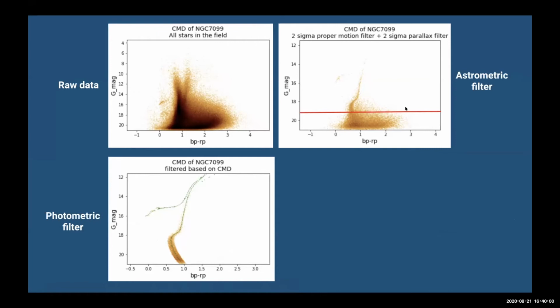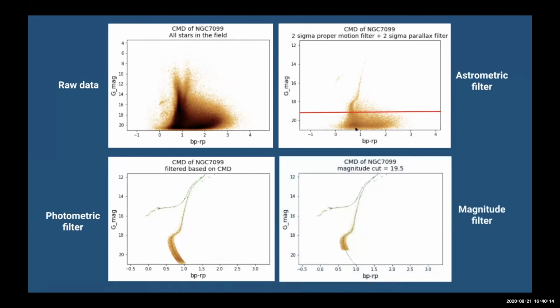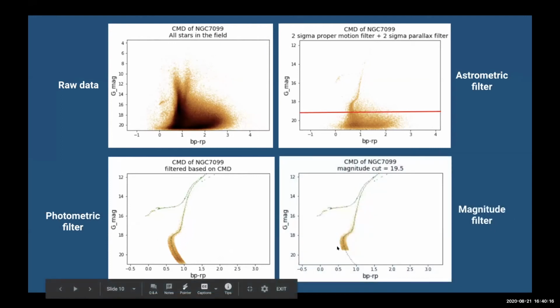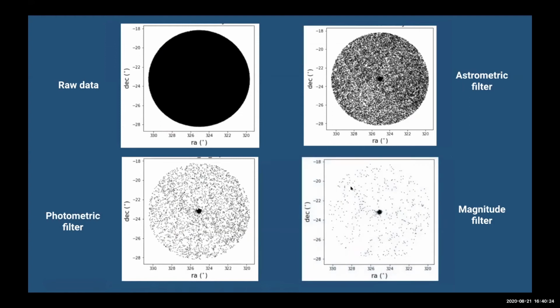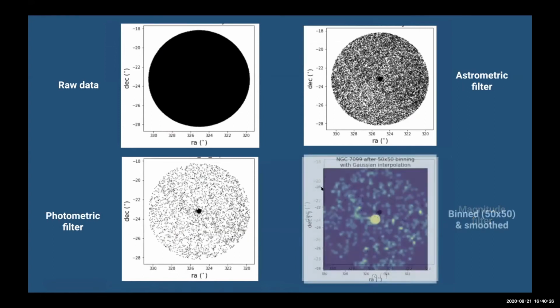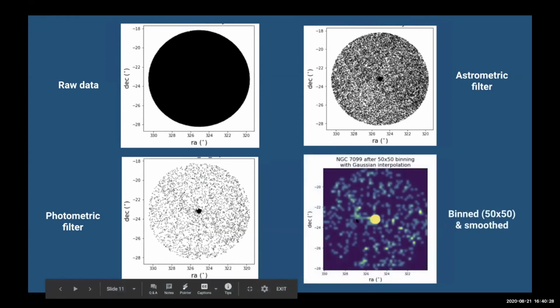That means the Gaia data quality gets a lot less desirable than for the brighter stars. So we decided to also apply a magnitude filter, discarding all the stars that are dimmer than 19.5 magnitude. With that, we were able to see a pretty clear tidal trace over here.